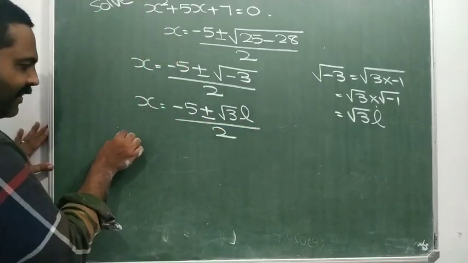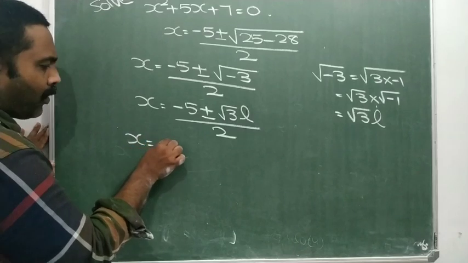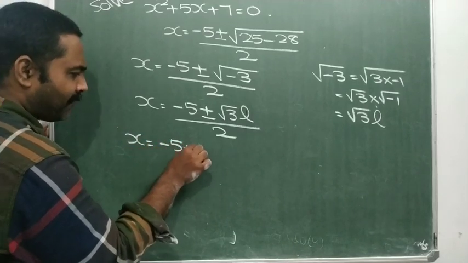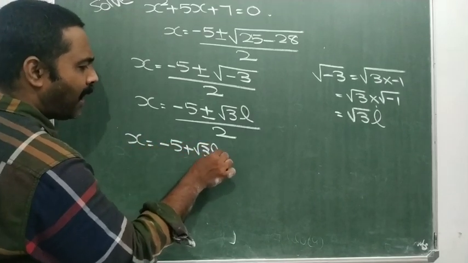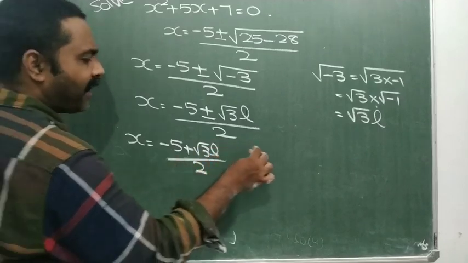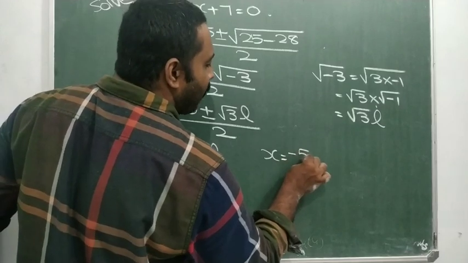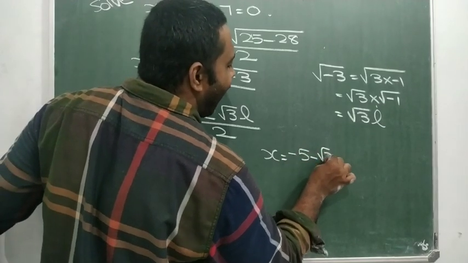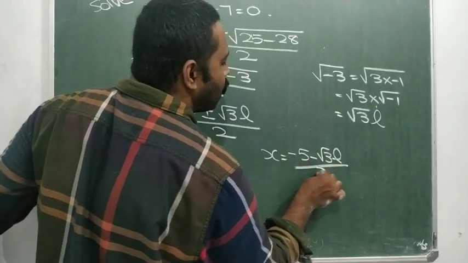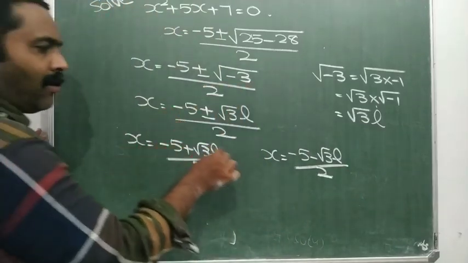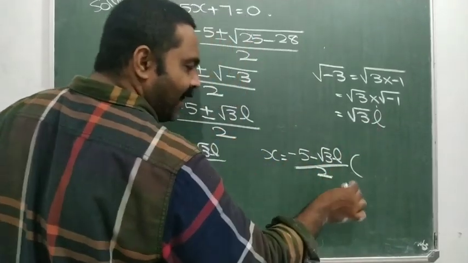That is x is equal to -5 plus √3i by 2, or x is equal to -5 minus √3i by 2, involving the term I.